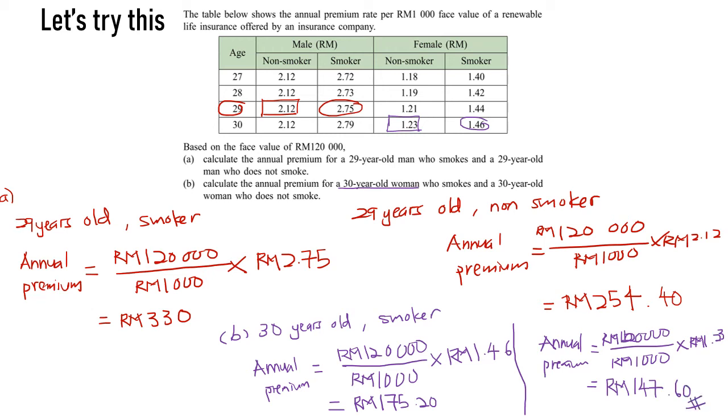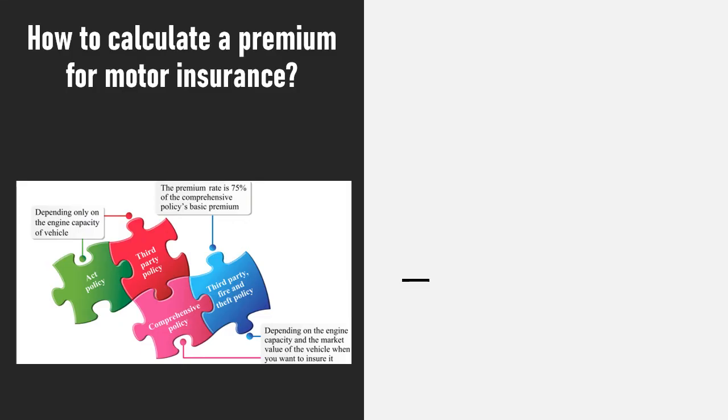Yes. So now you managed to solve these questions. Okay, so for the next part, we are going to look at how to calculate a premium for motor insurance. From our previous lesson, we know that there are different types of motor insurance, like the ACT policy, which only covers the minimum requirement, and also the third-party policy, comprehensive policy, and third-party fire and theft policy.